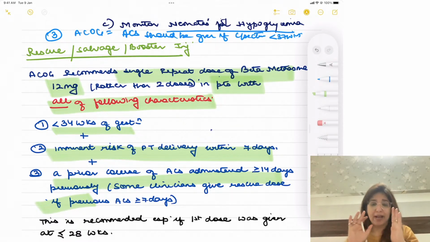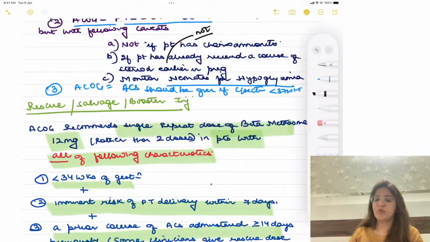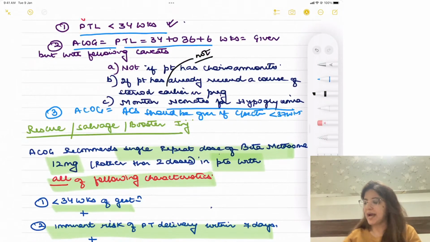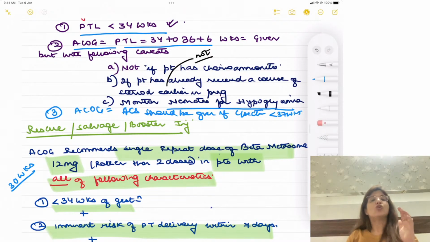So again I am telling you, suppose you have a patient in whom you had given corticosteroid at 30 weeks, and this patient did not deliver. Now my question to you is, at 32 weeks or at 33 weeks, am I going to give them a dose of corticosteroid? Yes, you can repeat a single injection of betamethasone.